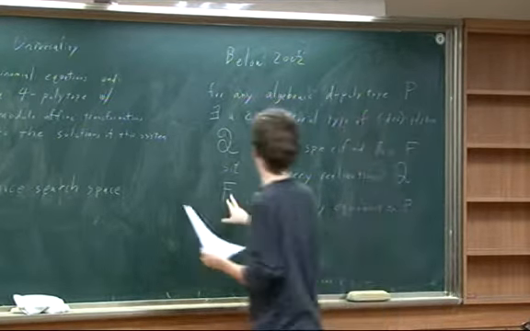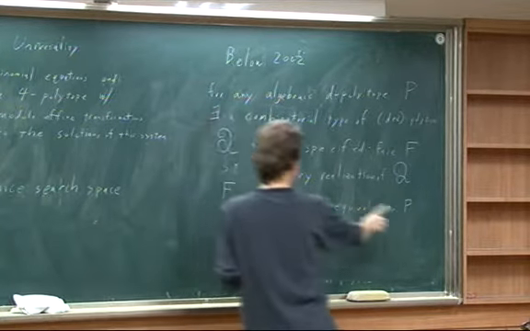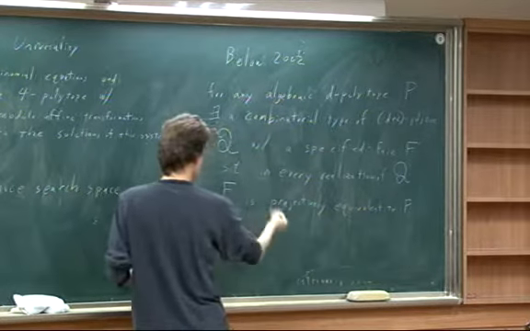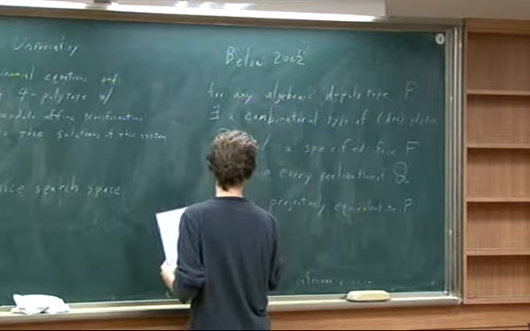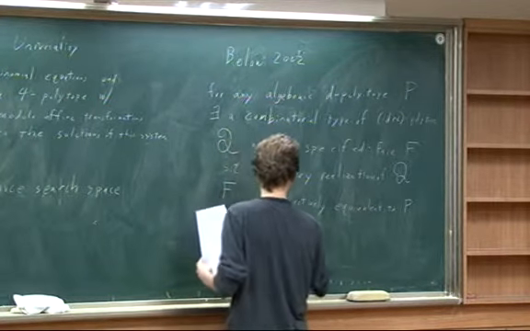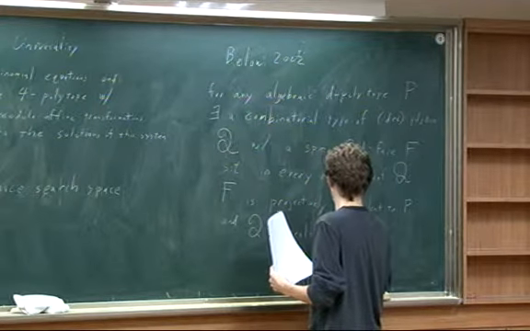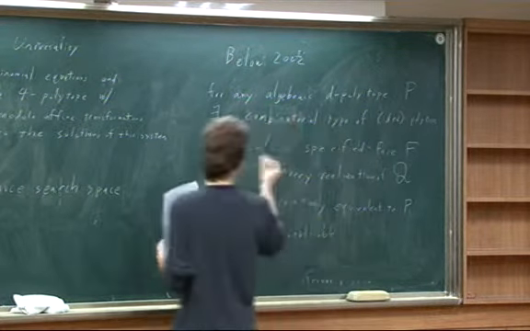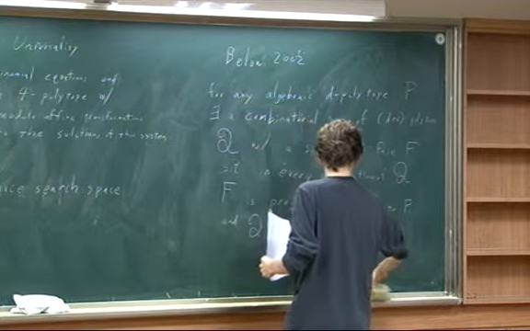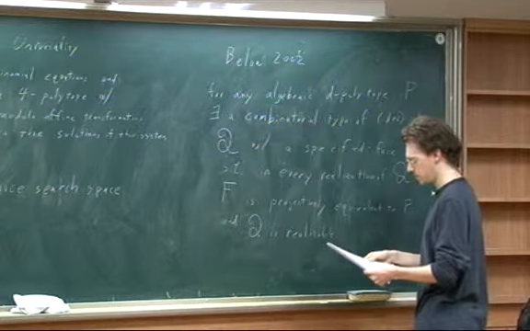If you start with any realization of F, you can complete it to a realization of Q if and only if it's projectively equivalent to P, which is also the same as saying that Q is realizable. Although, I guess there's some question of definition exactly, but it wouldn't be a combinatorial type of polytope.